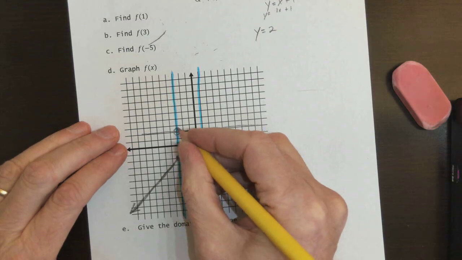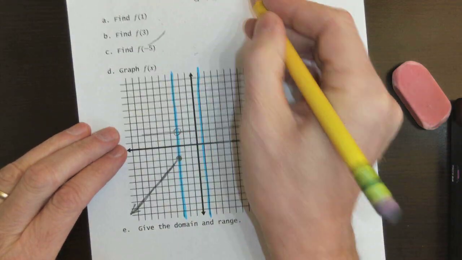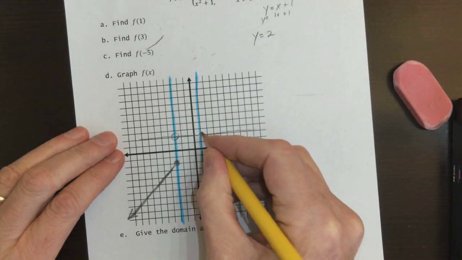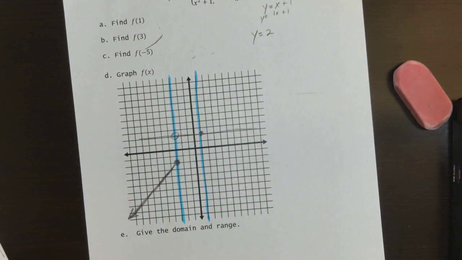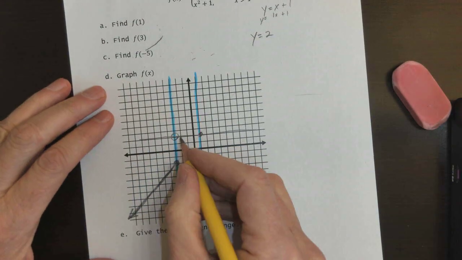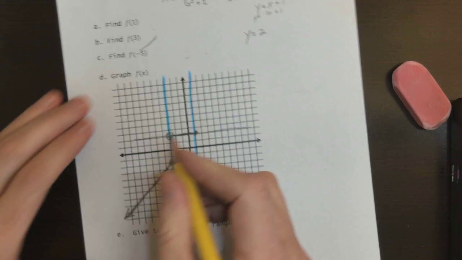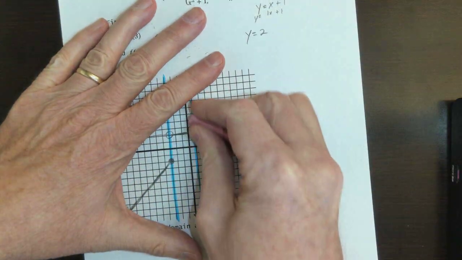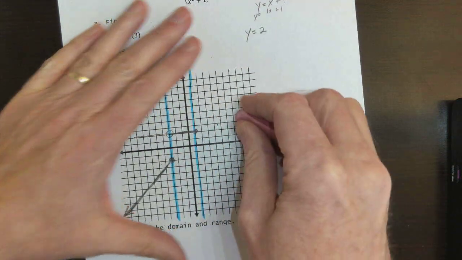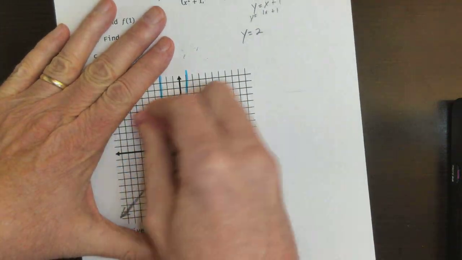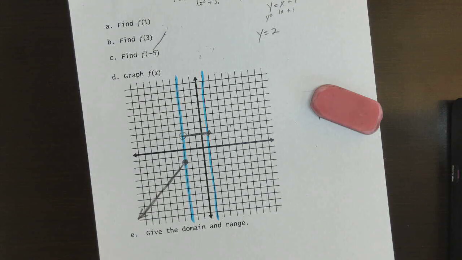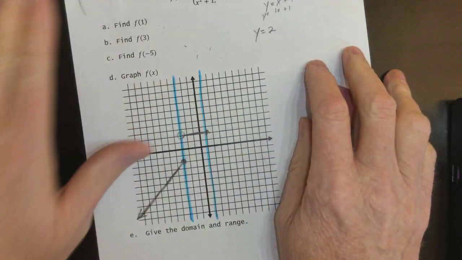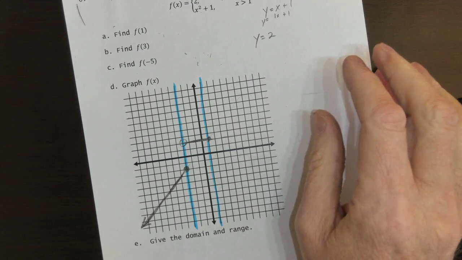I'm going to put an open circle at -3, and I'm going to put a closed circle at 1. And then going to shade between them, and I'm going to erase.